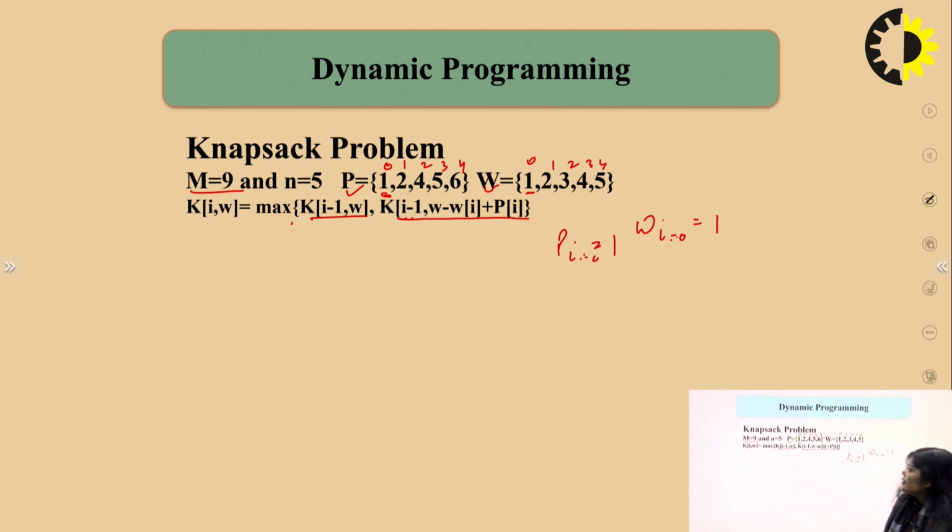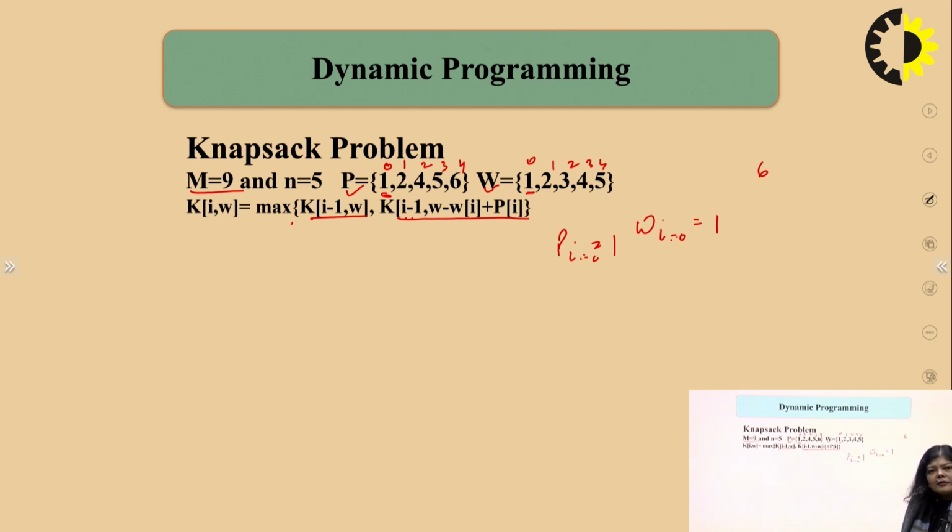To create a table, I need to first decide on the dimensions of the table. As you can see, we have been given 5 objects here, so the table should have a dimension of 6, right? I'm going to have 6 rows for 5 objects.